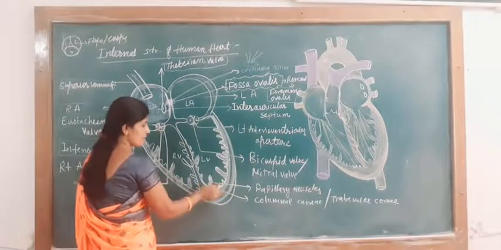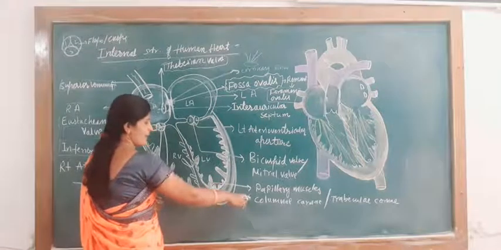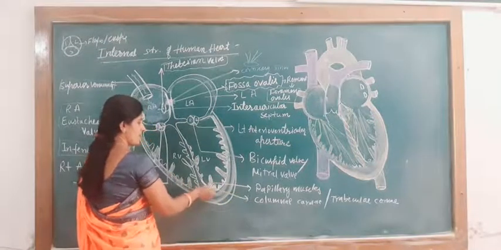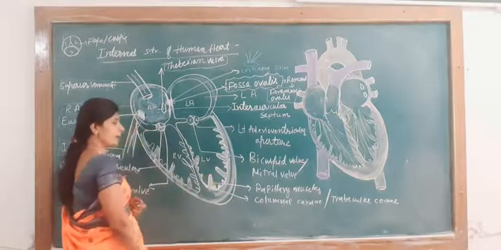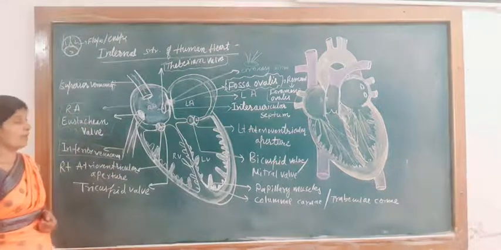Smaller ridges are called columnae carneae or trabeculae carneae, and the big ones are called papillary muscles.